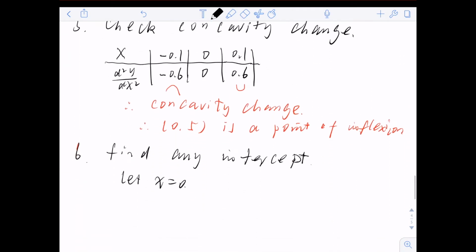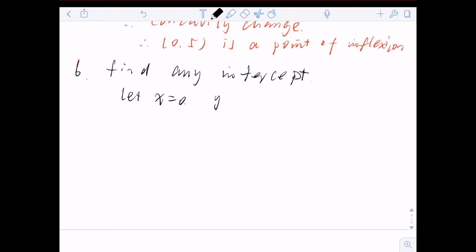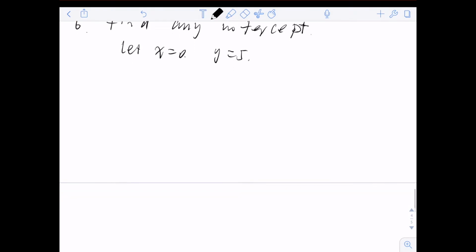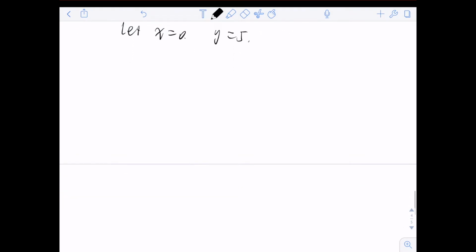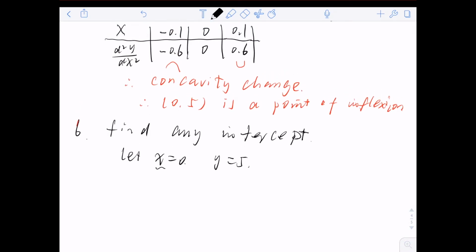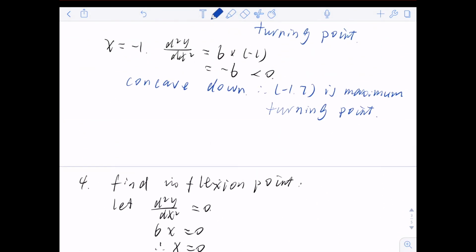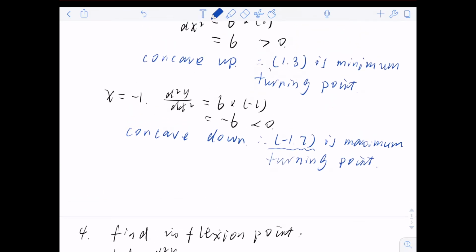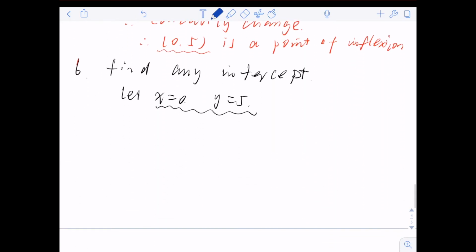So it's pretty simple, y equals 5 is your y-intercept. And the x-intercept in here is hard to find, so we leave this part. Now we have all my points: intercepts, the inflection point, and also I have found 2 stationary points, the maximum turning point and the minimum turning point. So that gives me a lot of information I can sketch.